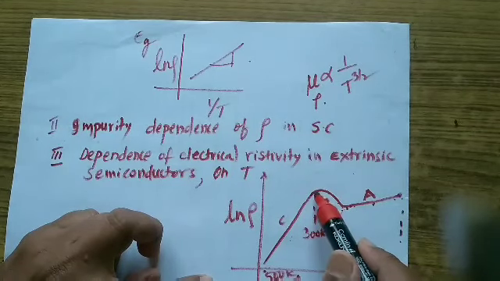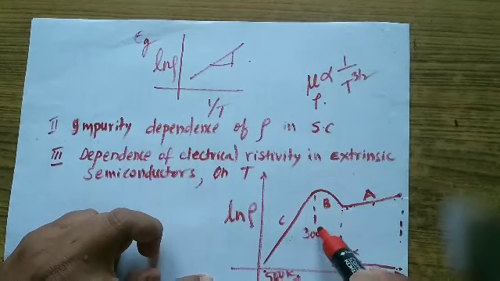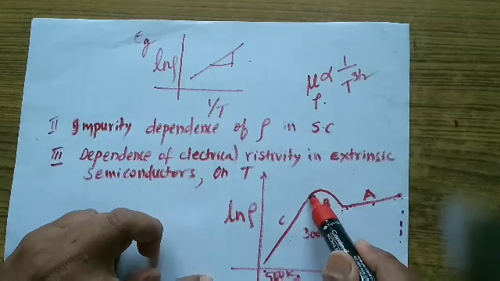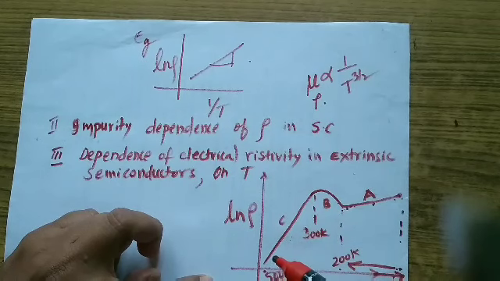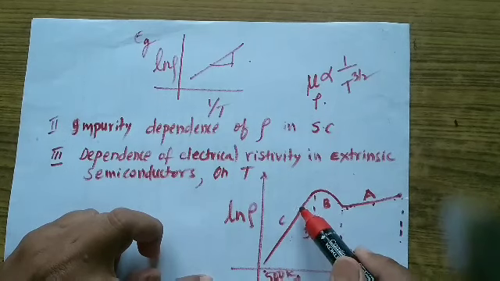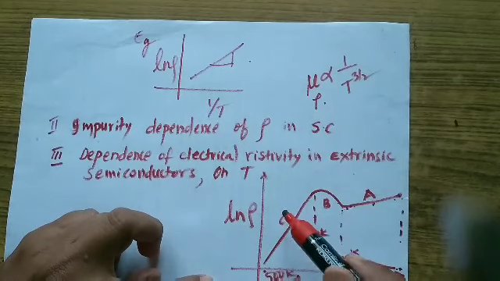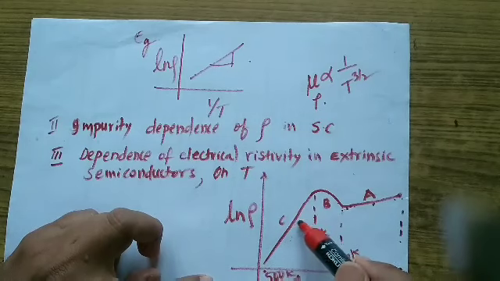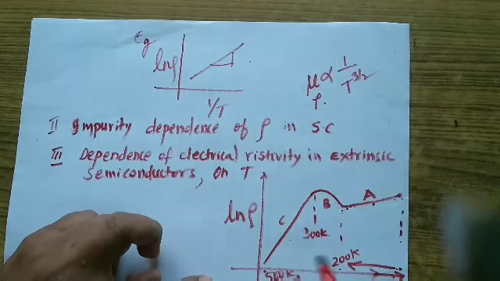And when we increase a temperature to sufficiently high value, about 300 degree Kelvin, the resistivity further decreases. The reason is that now intrinsic atoms will start releasing the electrons by absorbing thermal energy available in this temperature range, so that the resistivity decreases.